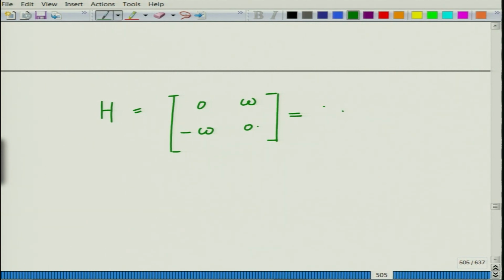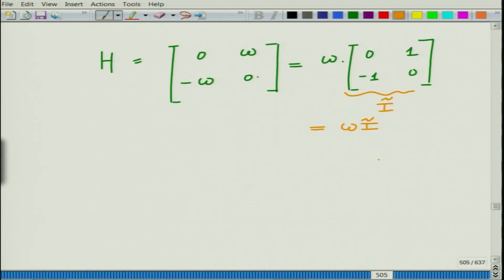I can write this as omega into the matrix 0 1 minus 1 0. For lack of anything better, I will call this simply as I tilde. So, this is omega times I tilde.